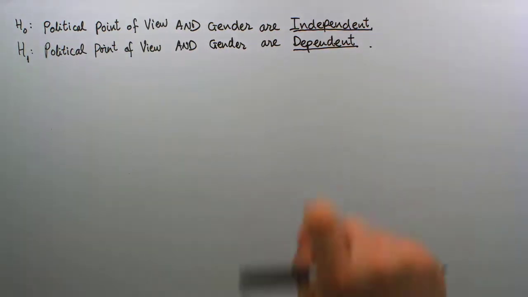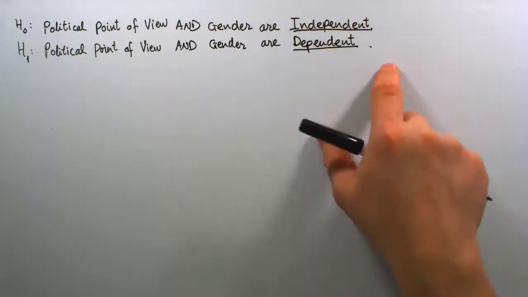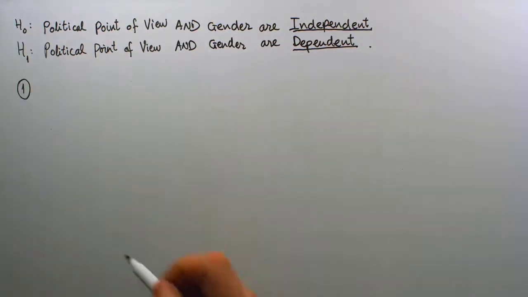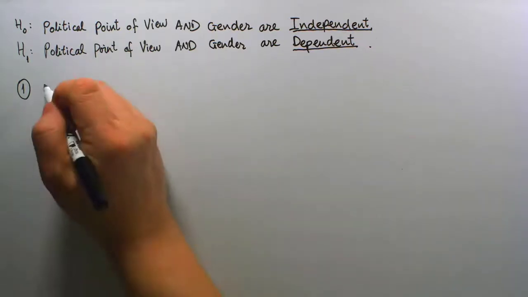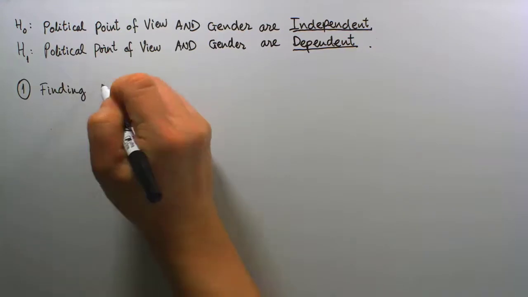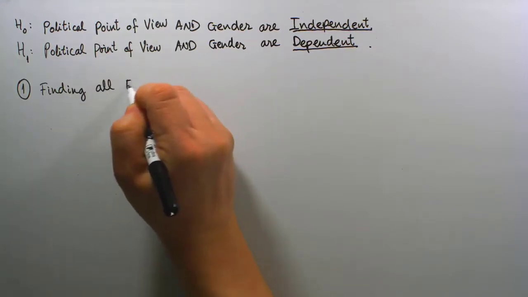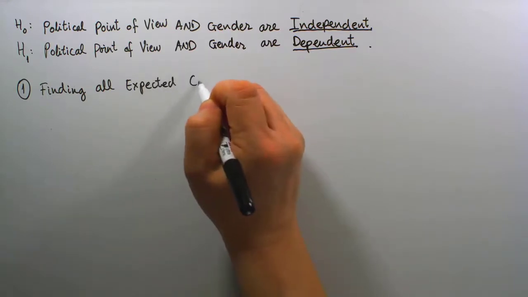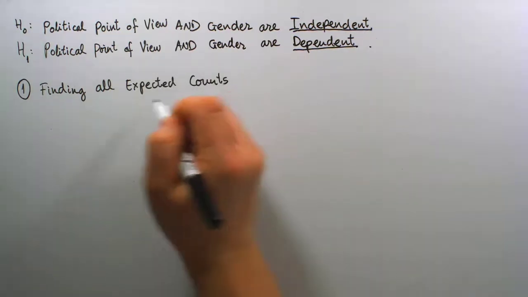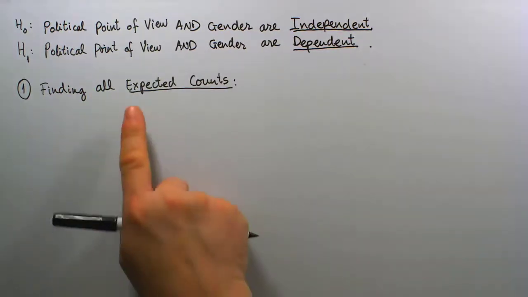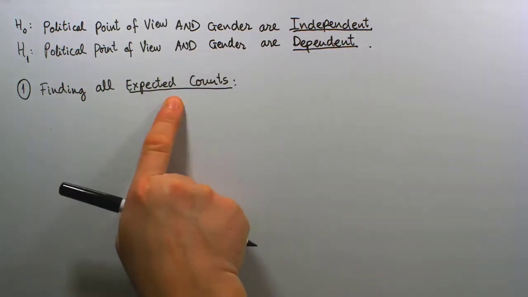And so now once we have identified our two hypotheses, the first step, as pointed out in the general lecture, is finding all expected counts. And this is the part where I am going to start speeding through the process, because we will be having a lot of expected counts waiting for us here.